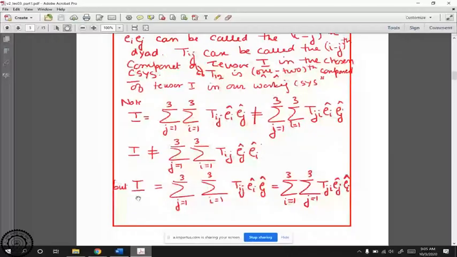But if you are willing to change the order of the indices of both T and the dyads, then you will be fine. Tij, Ei, Ej is exactly the same quantity as Tji, Ej, Ei, because the summation is over both j and i, and the order of indices in the component and in the dyad are the same.